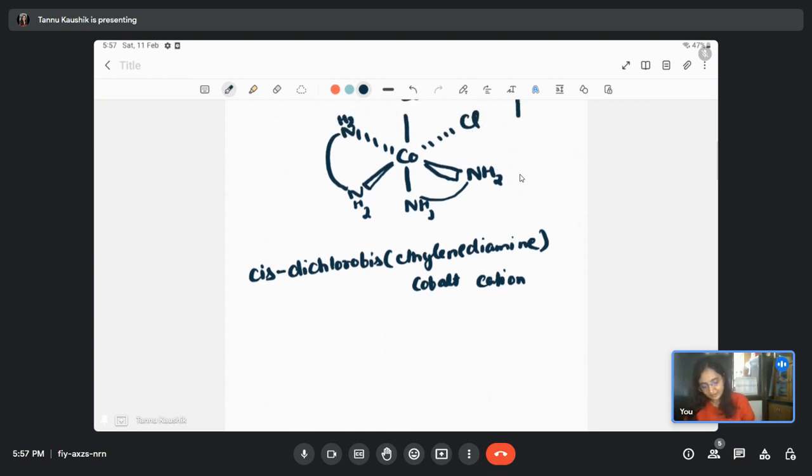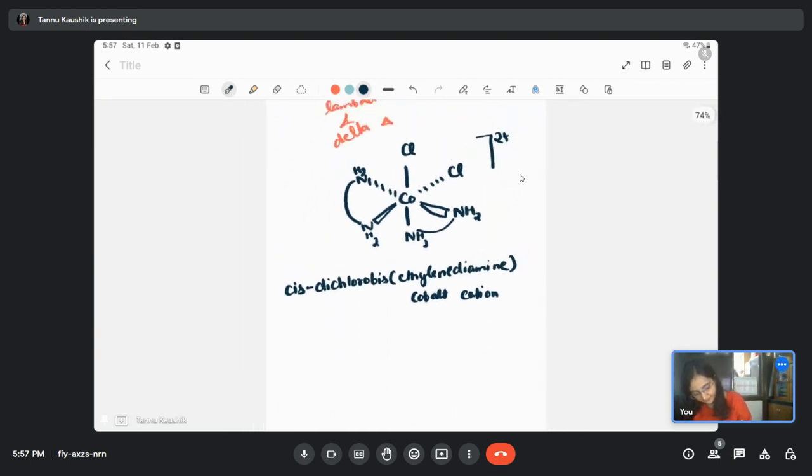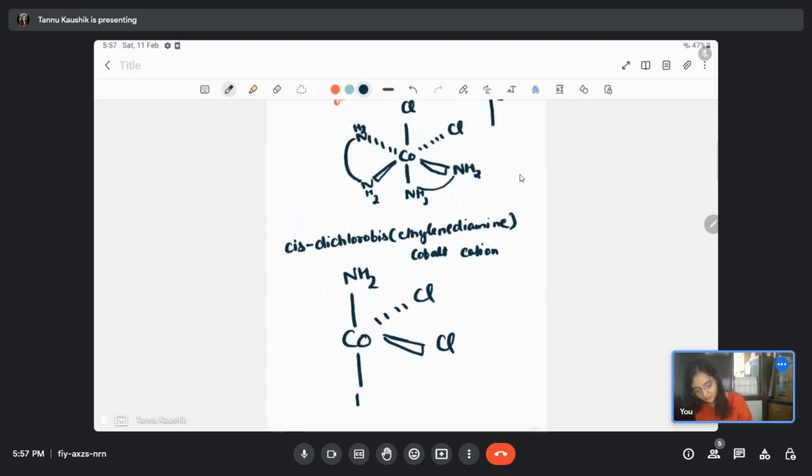Okay, I'm representing this molecule another way, where these two Cls here, and these two.